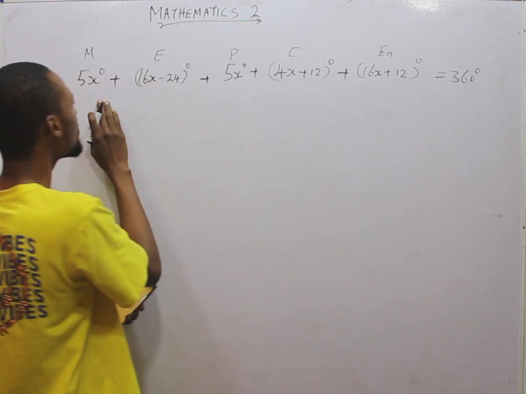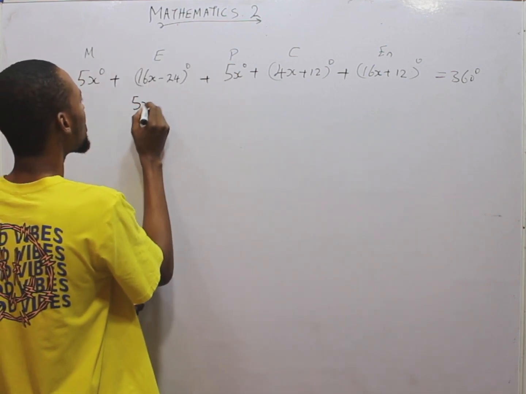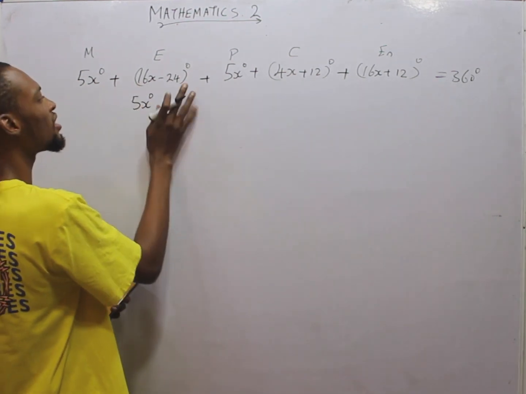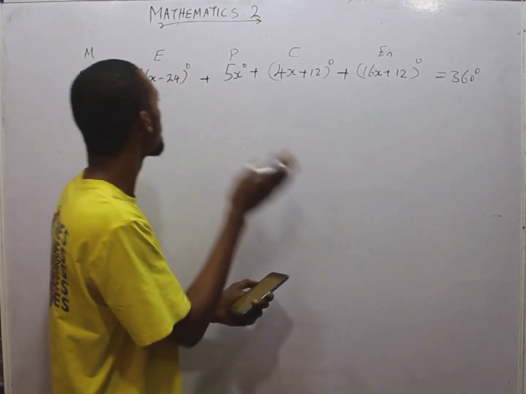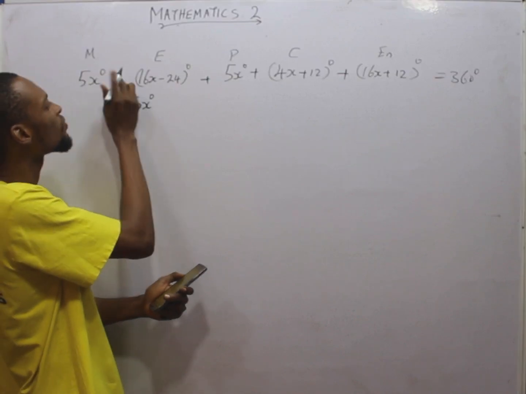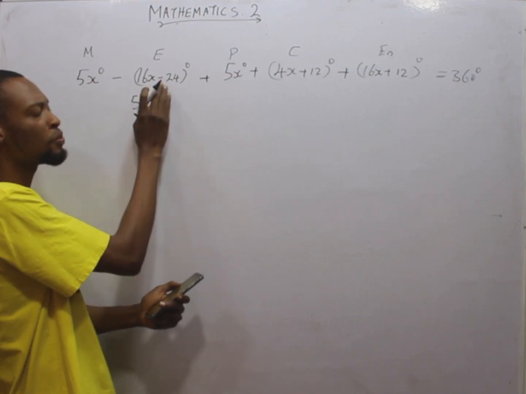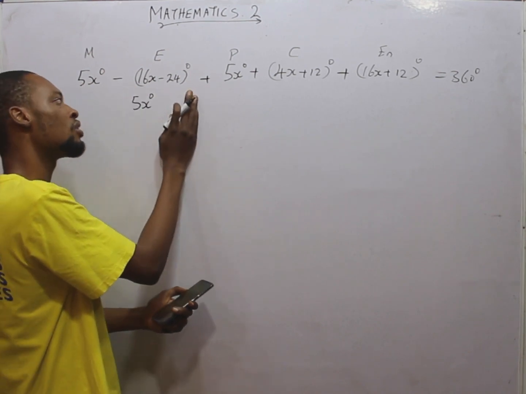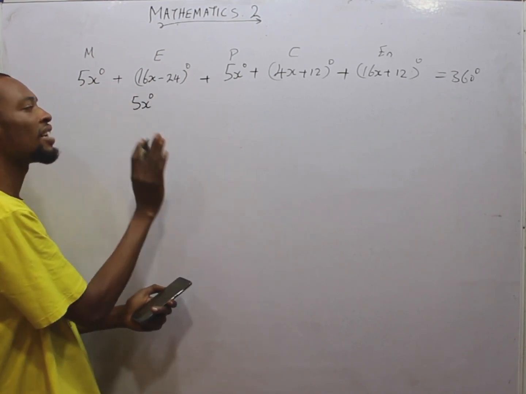Now, let us do that. We simply have 5s degrees plus, opening up this bracket, so there will not be a sign issue. But if this were minus, then you have to use minus to open the bracket to give you minus 16s plus 24. But since this is plus, we don't have any issue.